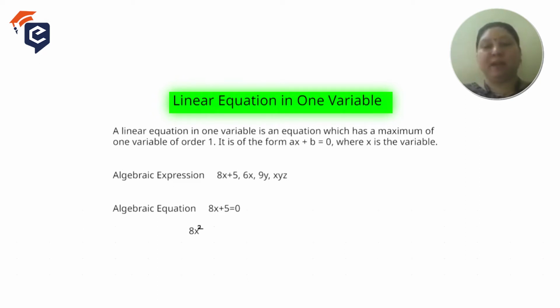Now, as you can see, the highest degree of the variable here is 2. So this is not a linear equation, because according to the definition, a linear equation has a standard form, and that standard form is ax plus b equals 0.